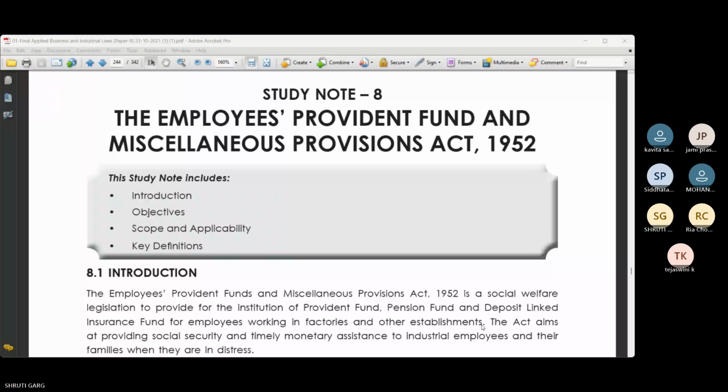Now, the new chapter is the Employees Provident Fund and Miscellaneous Provisions Act 1952. Before yesterday, the class was for ESI. Is there any question? Please feel free to ask. Any question in the ESI? Have you revised your chapter?